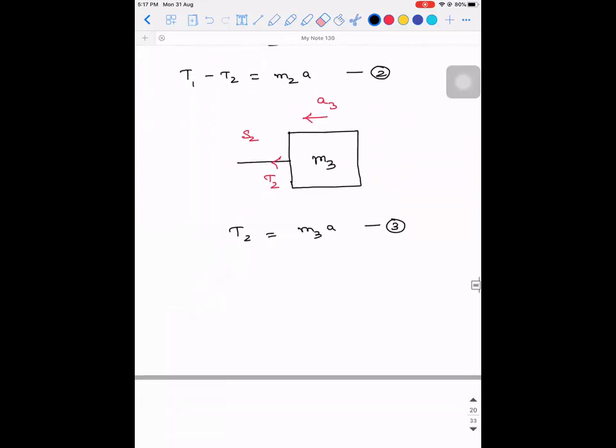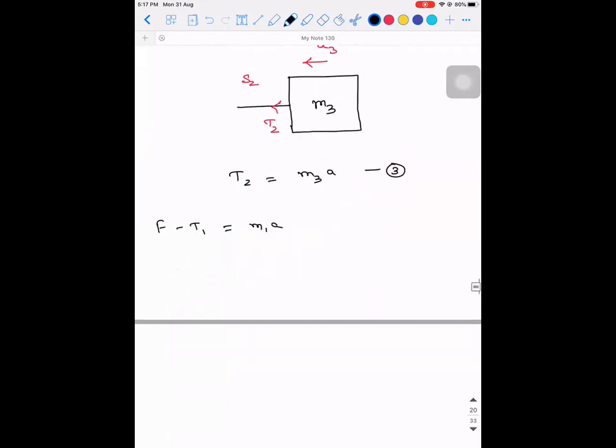So I'm going to solve all three equations. F minus T1 will be equal to M1 into A. T1 minus T2 will be equal to M2 into A. And T2 will be equal to M3 into A. In all questions where tension is involved, if you add all the equations, generally tension gets cancelled.